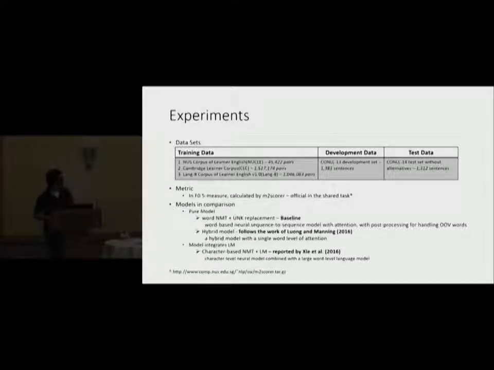For the experiment, we leverage three data sets from NUCLE and also from the Cambridge Learner Corpus, the CLC, as well as Lang-8. We also use the shared task data from CoNLL-13 as the dev set and CoNLL-14 as the test set. We follow the standard metric, which is the F0.5 score. We compared to two cases.